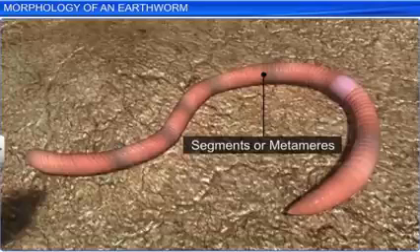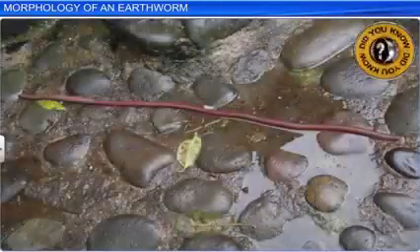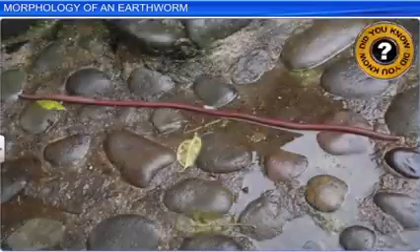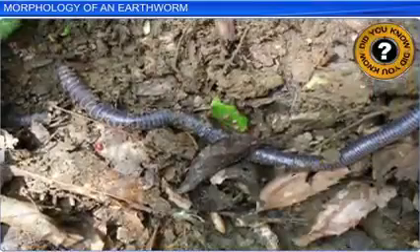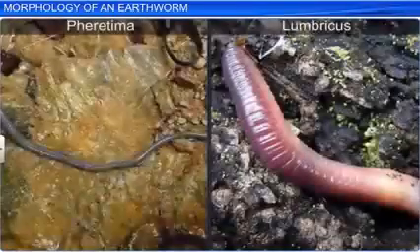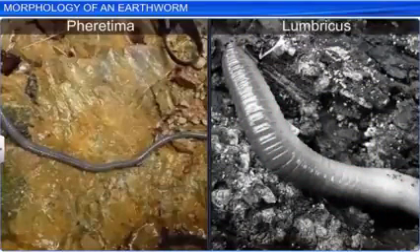Some species have a body made up of over 100 to 120 segments. Did you know that some giant species of earthworms have an average length of 80 centimeters and a diameter of 2 centimeters? In India, there are two common species of earthworms, Pheretima and Lumbricus, which measure 10 to 15 centimeters in length.